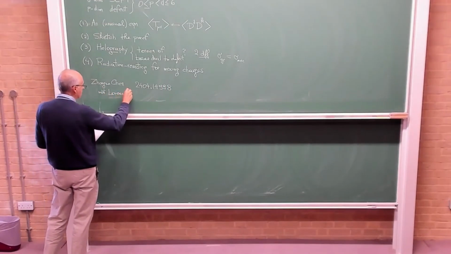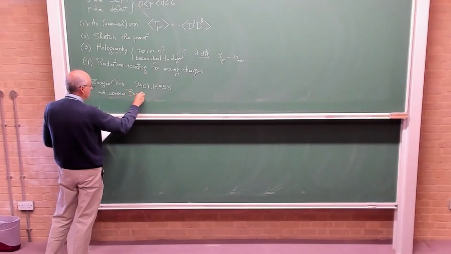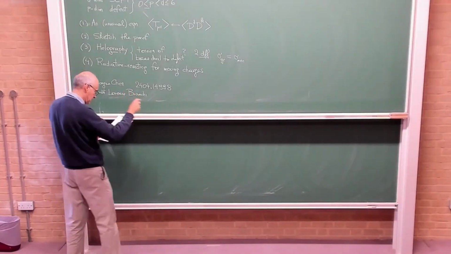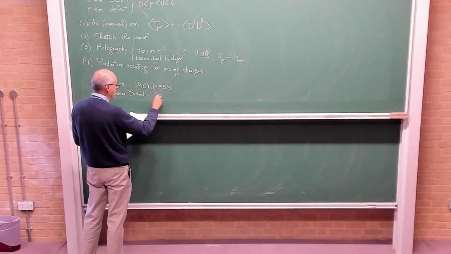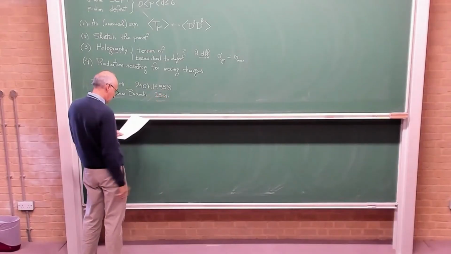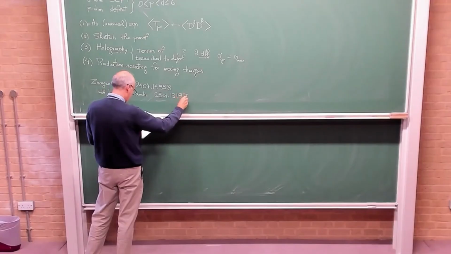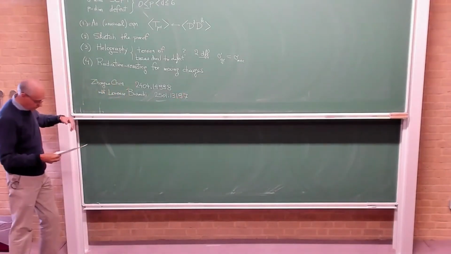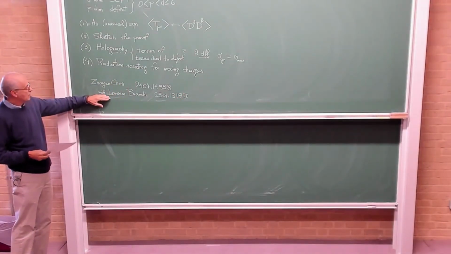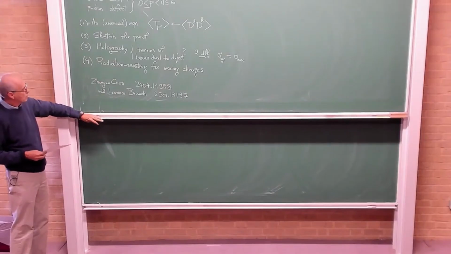who is here in the room. And this is the proof. This is the one containing the proof. 13197. But at least for me, Lorenzo comes from a different direction. I will say a few words about it.